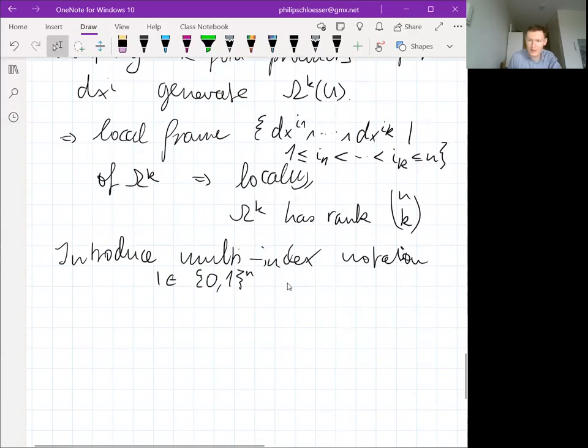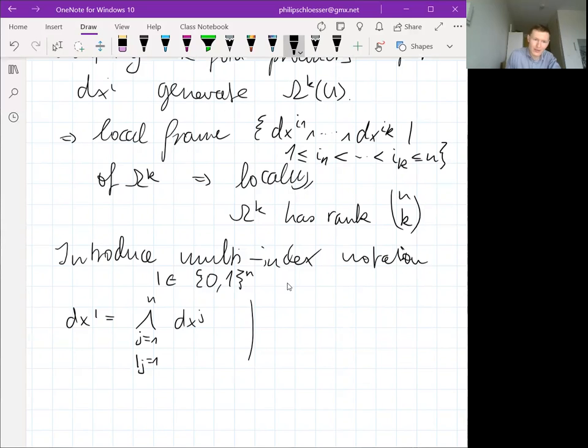Then we define dx^I as the wedge product over j from 1 until n, where I_j is equal to 1, of dx_j. For example, dx^(1,0,1,0) would be equal to dx1 wedge dx3.